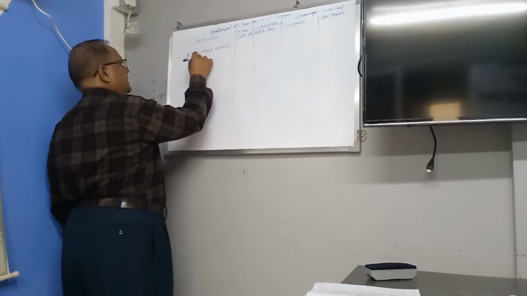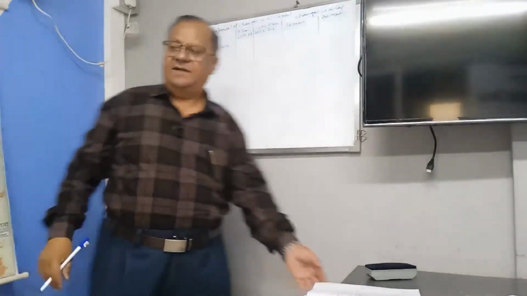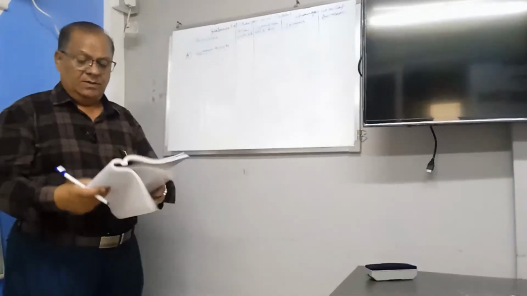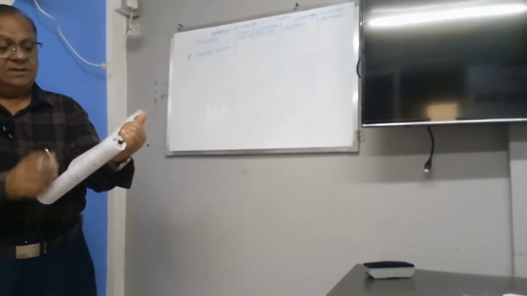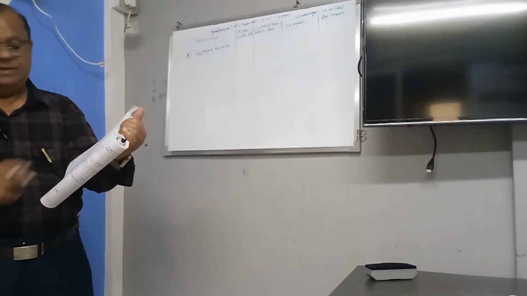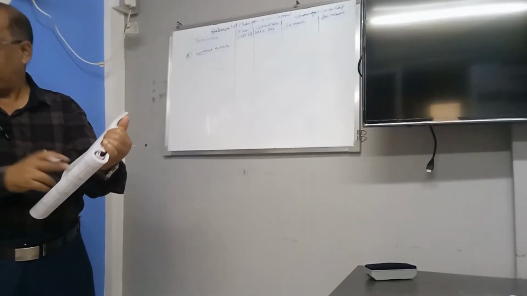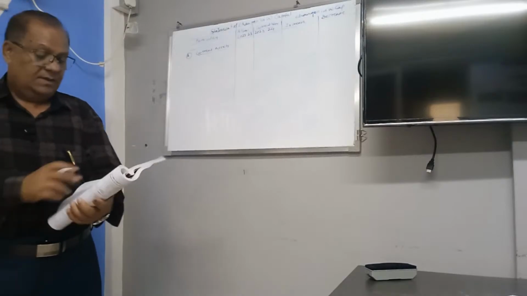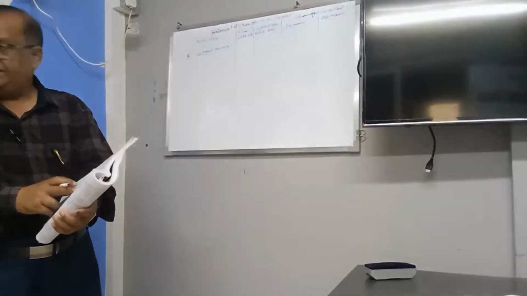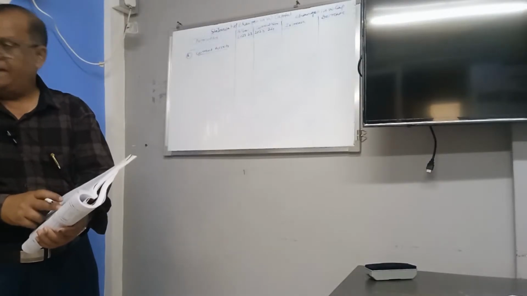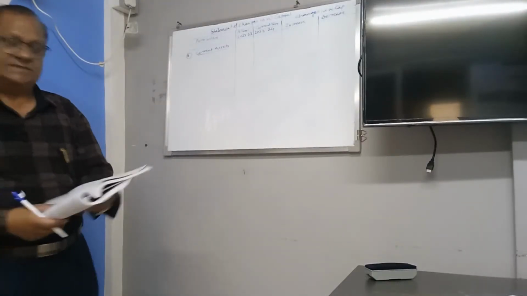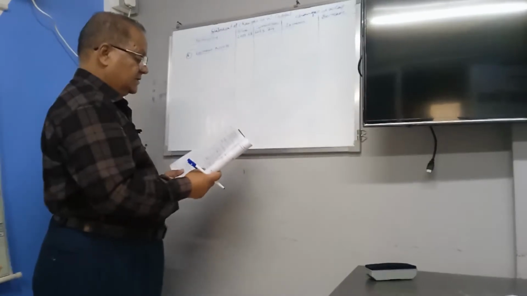In that, we have to take the figures from the current assets on the balance sheet. Two years' balance sheets are given to you. So here stock in trade is a current asset, debtors is a current asset, and bank balance is a current asset. First will be stock in trade.